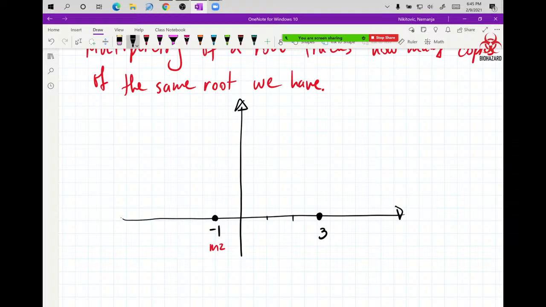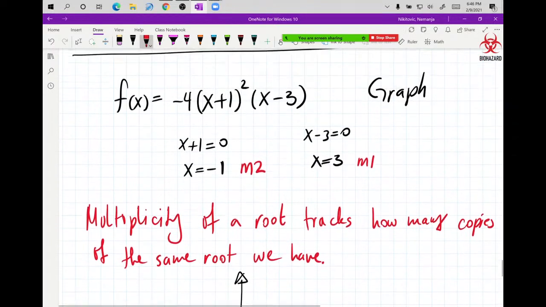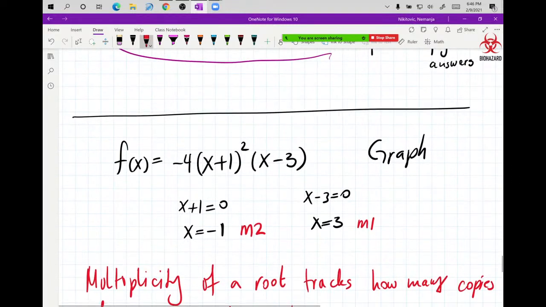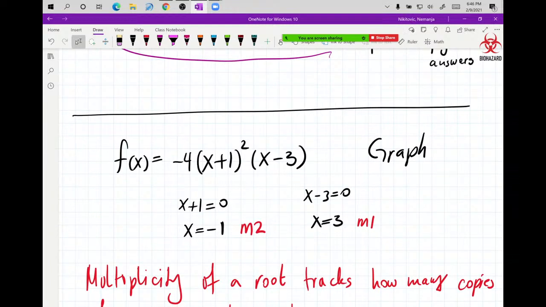I can't do anything here. 3, and that's the M1 root. I also have that my degree is 3. How many x values do I have? I have 2 x values in the first one and this one. That's 3 x's, right? So that's x cubed. If I have x cubed, I know that's odd. I also have a is negative 4.